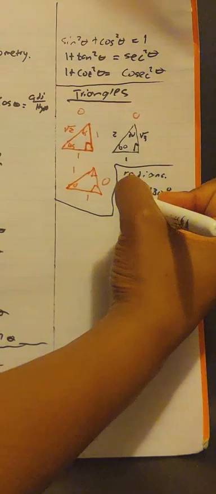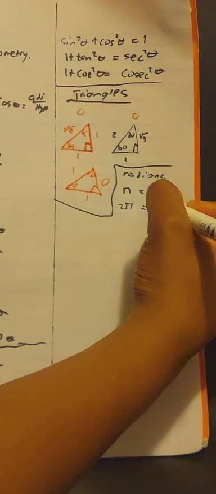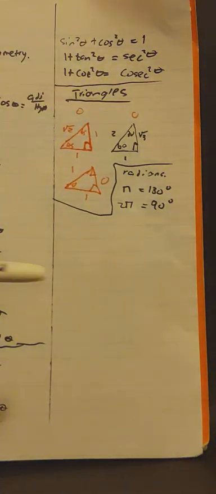That means pi over 2 is equal to 90 degrees. I will show you why they are very important. They are very important because here they are linked to special triangles, but we will do them. Don't worry, we will do them.